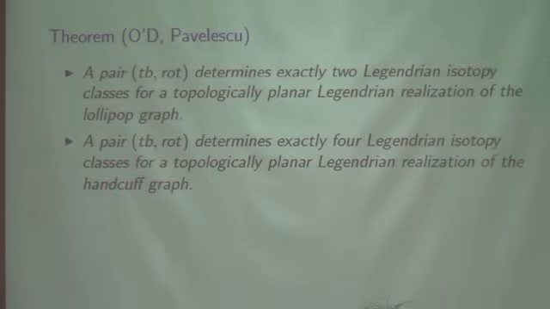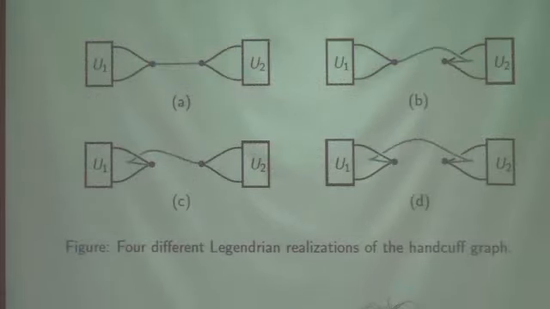If you're told the TB and rotation and you know you're working with a topologically planar graph, these are the 4 possibilities, and it has to do with what's happening around the vertices. It has to do with the order of the edges around the vertices. We know that will change the Legendrian class that you're in. So there are these 4 different possibilities. Okay. All right. So that's all. Thank you very much.